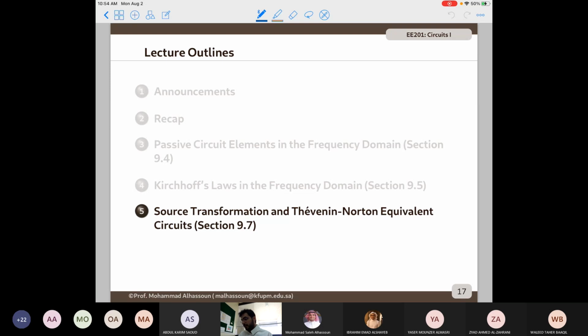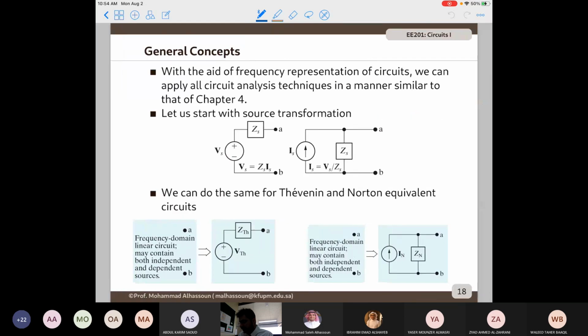Okay. So now let's study two of the theories that we studied in chapter 4. If you recall, we studied source transformation and Thevenin and Norton equivalent circuits.